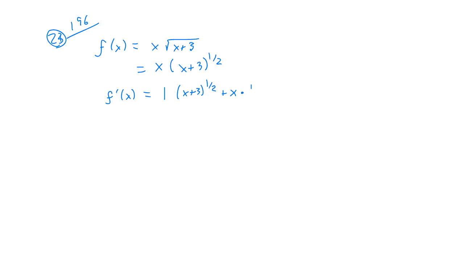So I'll have 1/2 times x plus 3 to the negative 1/2 times the derivative of the inside, which is 1. So what I have so far is x plus 3 to the 1/2 plus 1/2 of x times x plus 3 to the negative 1/2.